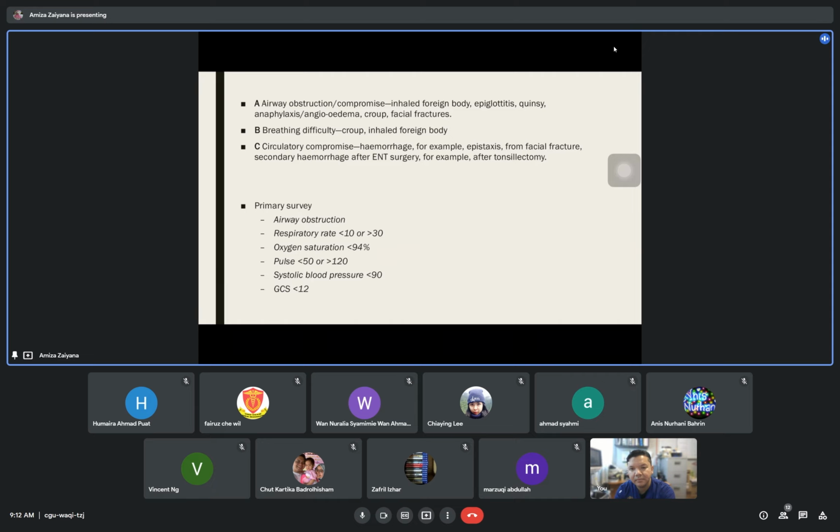If there's any inhaled foreign bodies, we can also exclude any epiglottitis, quinsy, anaphylaxis or also angioedema, croup, any facial fracture.